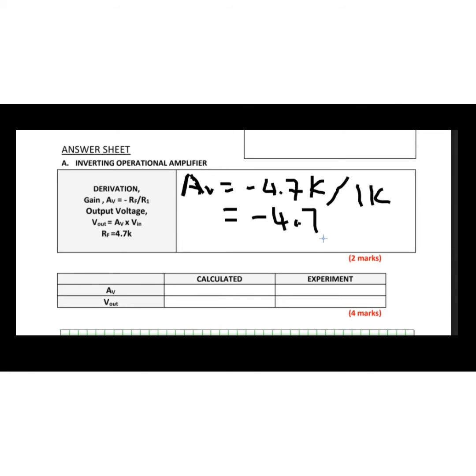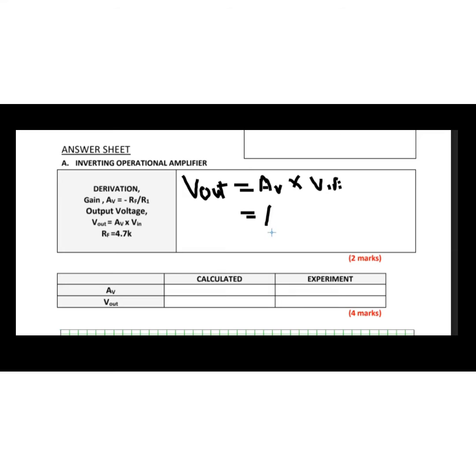And for V out is AV times V in. So now AV is negative 4.7k times negative 1. So V out gets 4.7 volt.